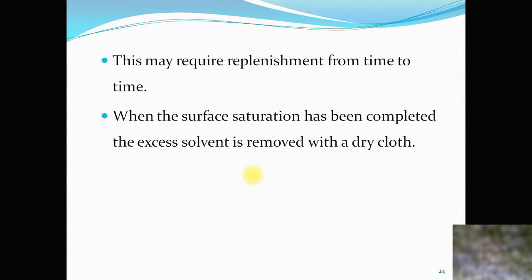There will be a point where the surface will not absorb any more solvent. At this juncture, the surface saturation has been completed. The excess solvent is removed with a dry cloth. By wiping with a dry cloth, the surface of the blanket will be cleaned of the excess solvent.